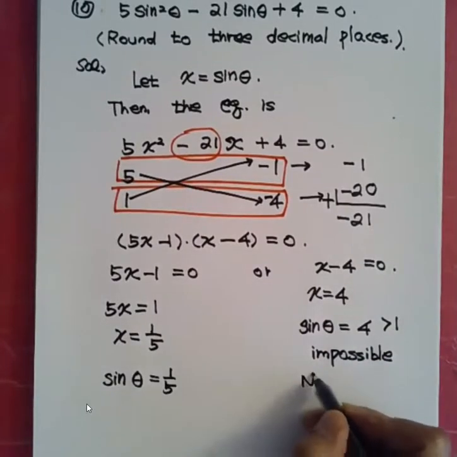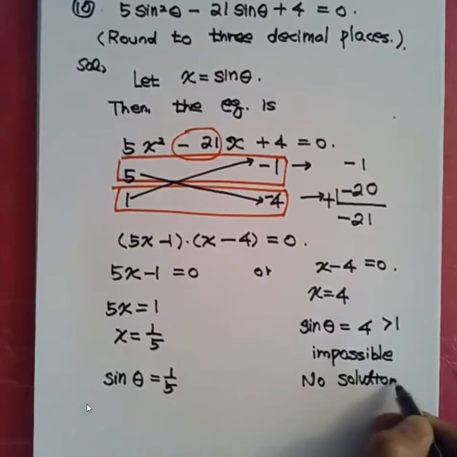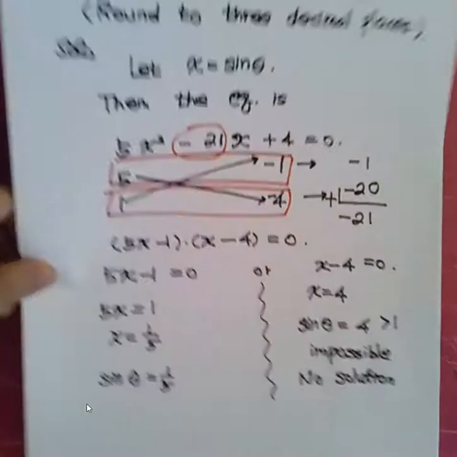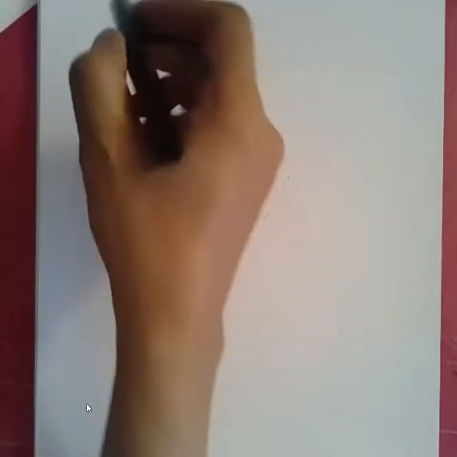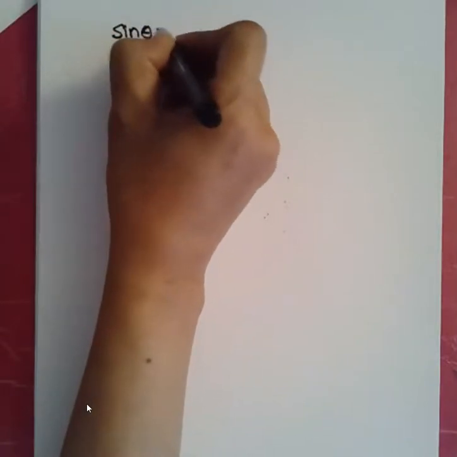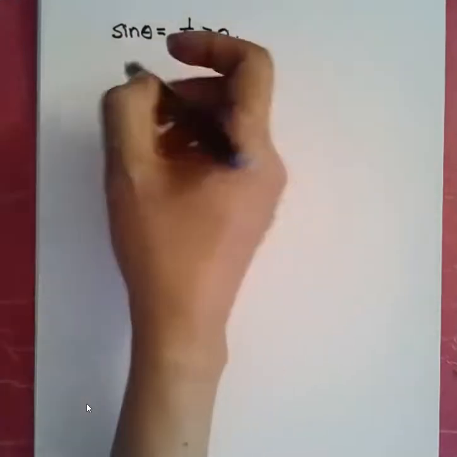So for this case, no solution. The solution came out from sine of theta equals 1 over 5. To do that, we have to use a calculator. That is greater than 0.